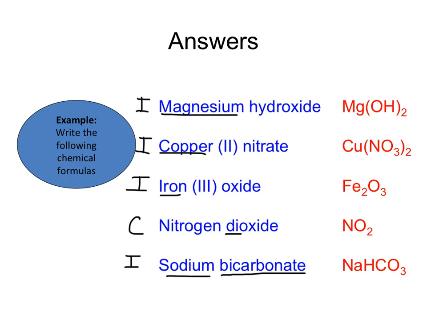So now that I know which is which, I'm going to look at my ionic compounds. I'm going to come up with the name of the metal, or the formula of the metal, and of the, in this case, the polyatomic ion. And I'm going to check the charges. Notice that they're not equal to 0 when they're added together. And so I'm going to get Mg, don't forget once again that parentheses OH2. Copper is Cu.